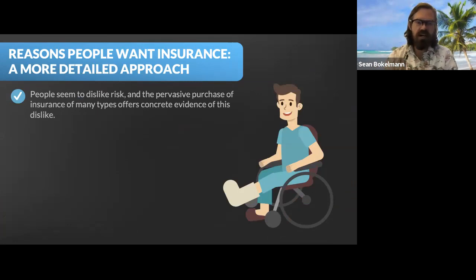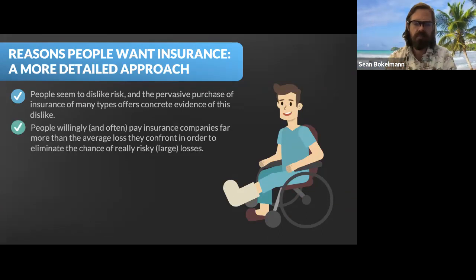Okay, so it seems pretty obvious that most people, at least, dislike risk, right? They're risk averse, and the purchase of insurance helps solidify this. That's very direct evidence. We see all types of insurance, so it must be that people don't like risk. Otherwise, why would they buy insurance? In fact, if they liked risk, then they might do something the opposite of insurance.